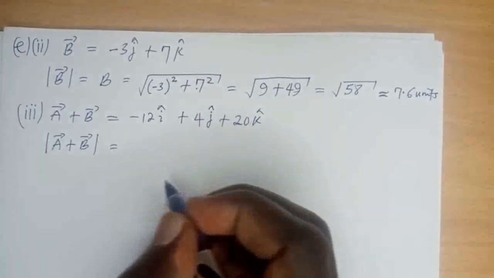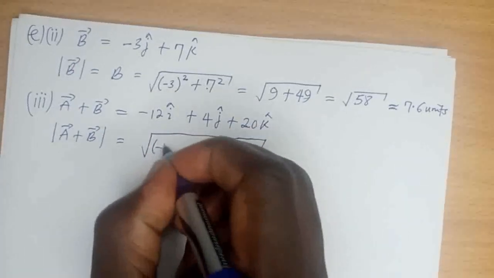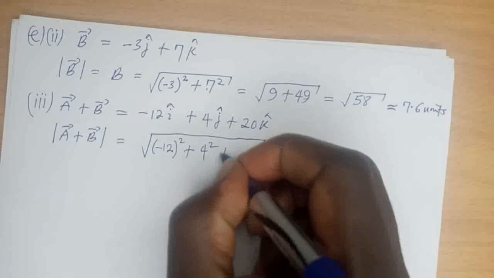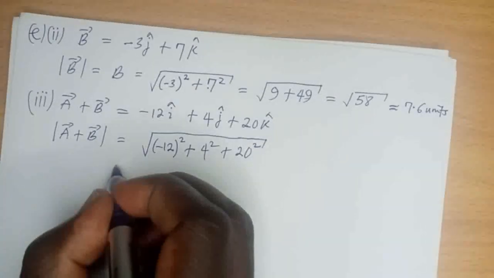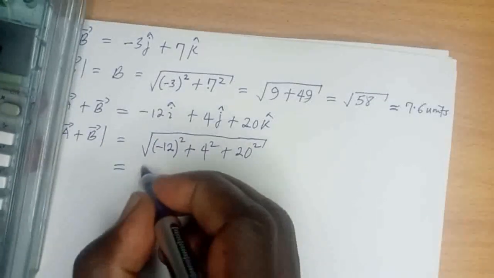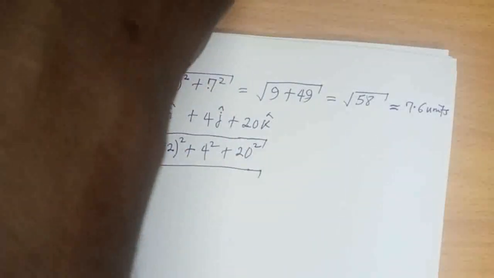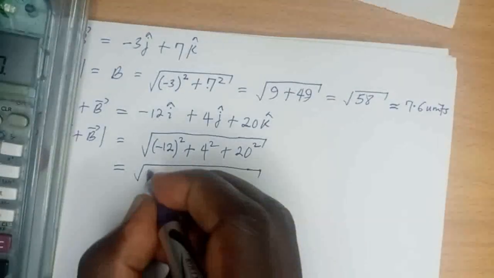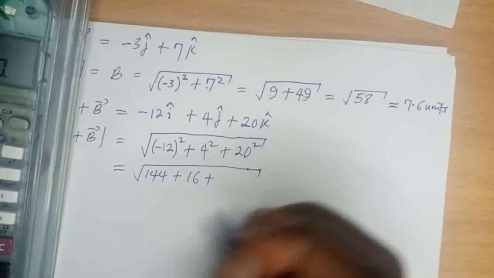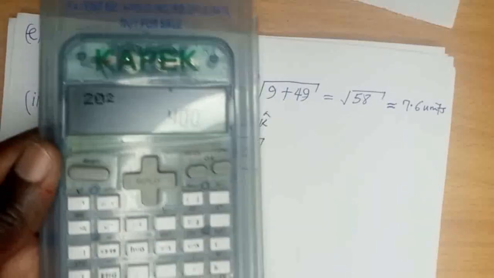This is equal to the square root of, as usual, we take our negative 12 and square it, plus positive 4 squared, plus 20 squared. Negative 12 squared we did before and obtained 144, if you remember that. 4 squared gives you 16, and 20 squared gives you 400.